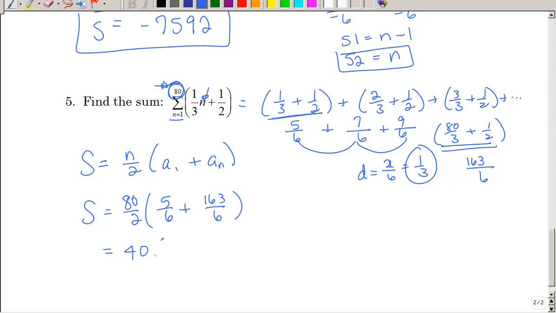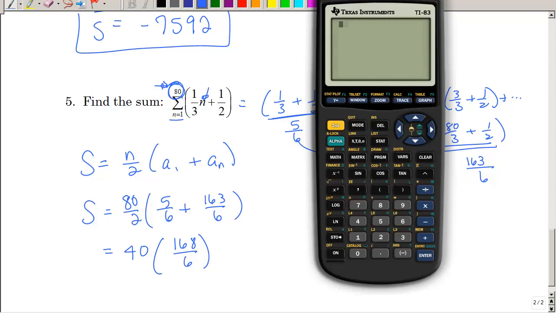So I have 40 times 168 over 6. So 40 times 168 divided by 6, 1,120. So yes, you'll need a calculator.